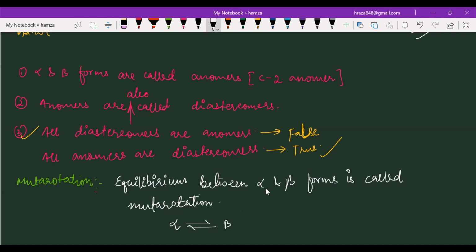Please write it and let me know. Then we are going to see the structure of sucrose. Yes, sir, finish. Everyone done with this?